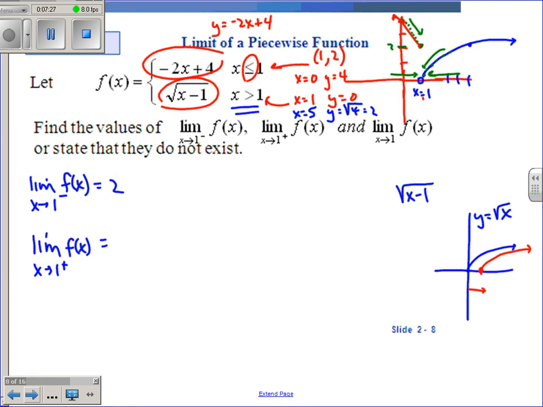So that comes out to be 0. And now if you see the limit of a function as x approaches 1, that means it's two-sided. That wants to know what's the limit from the left and the right, and for this to exist, they have to be the same. So this limit does not exist because they were different from the left and the right.